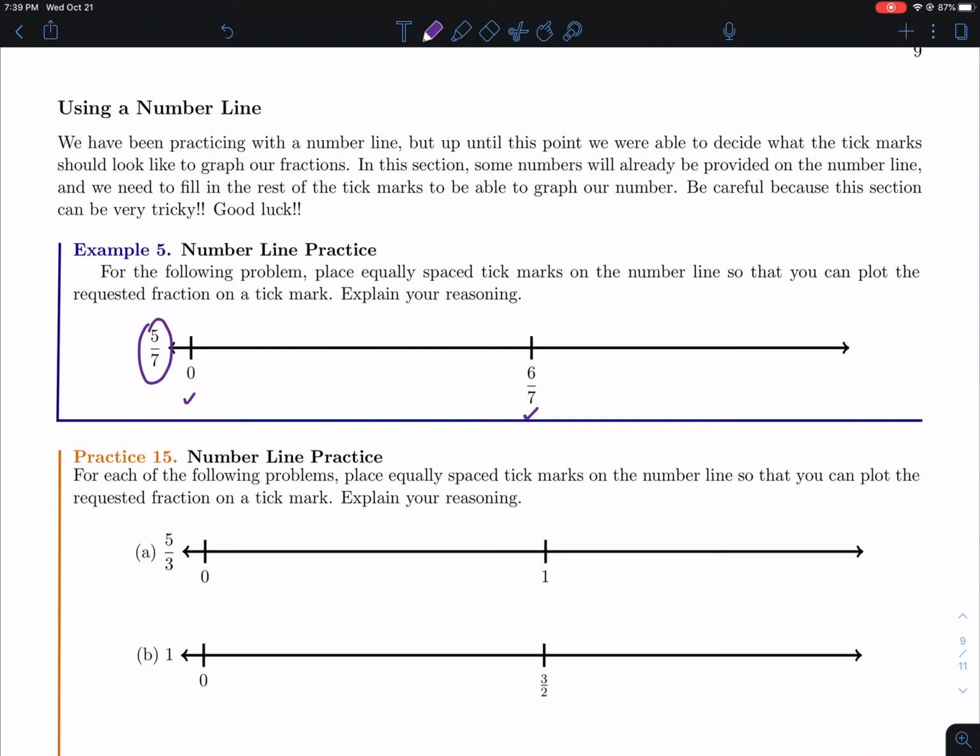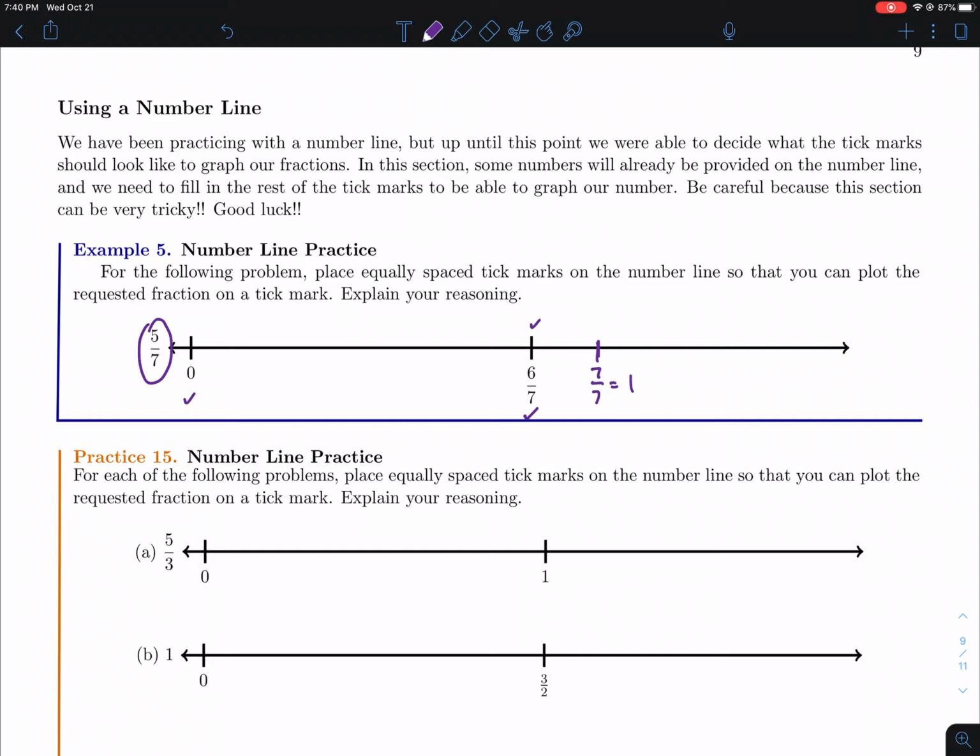So one thing you could do is estimate off to the side and try to extend this to where you think 1 would actually look like. You don't have to do that, but you could think about that, so then you would know, okay, between 0 and 1, I need to have 6 tick marks, and I've already got 1 here.